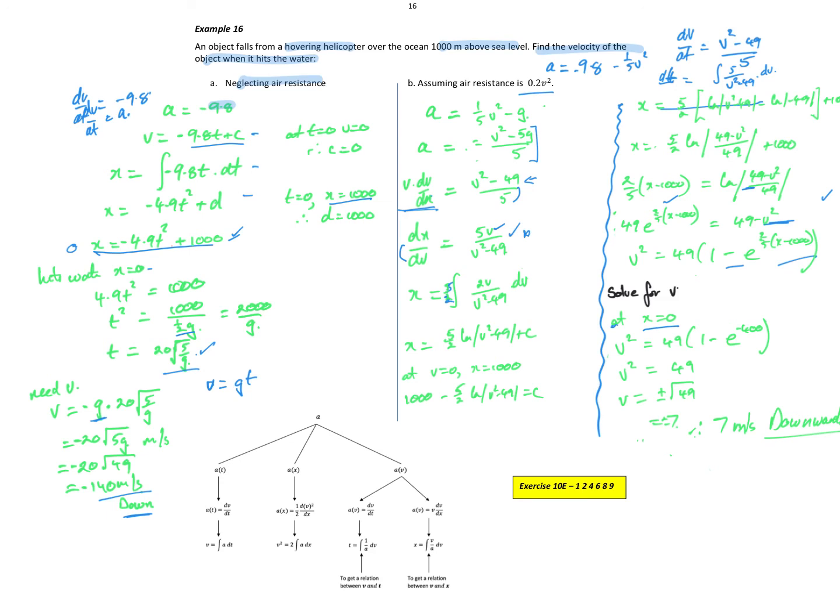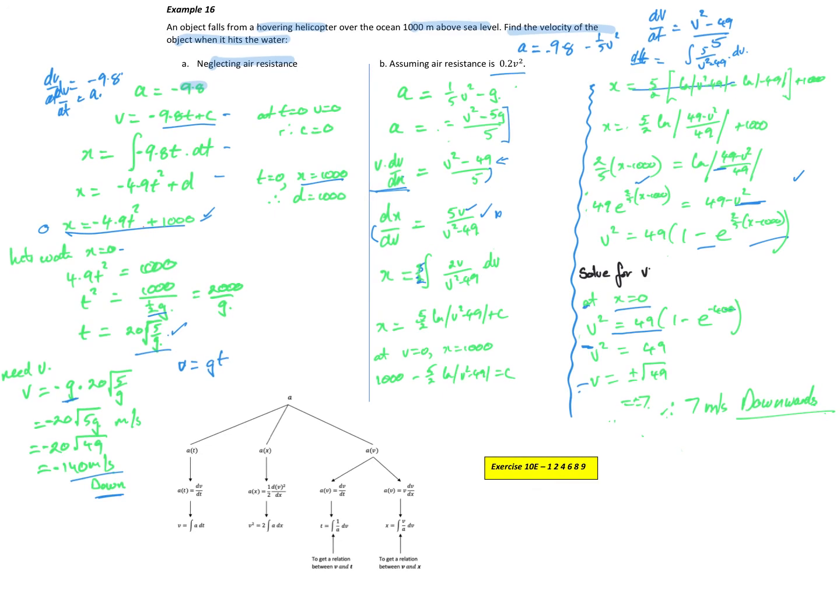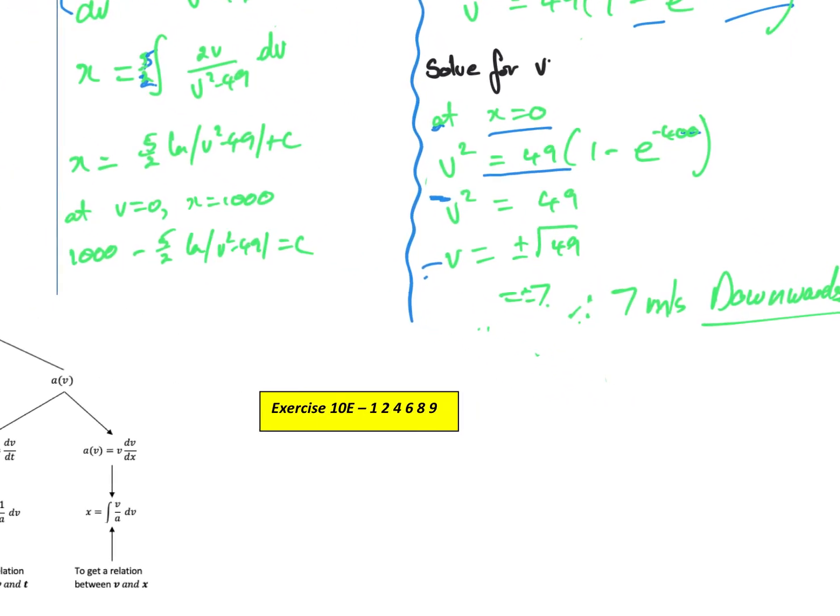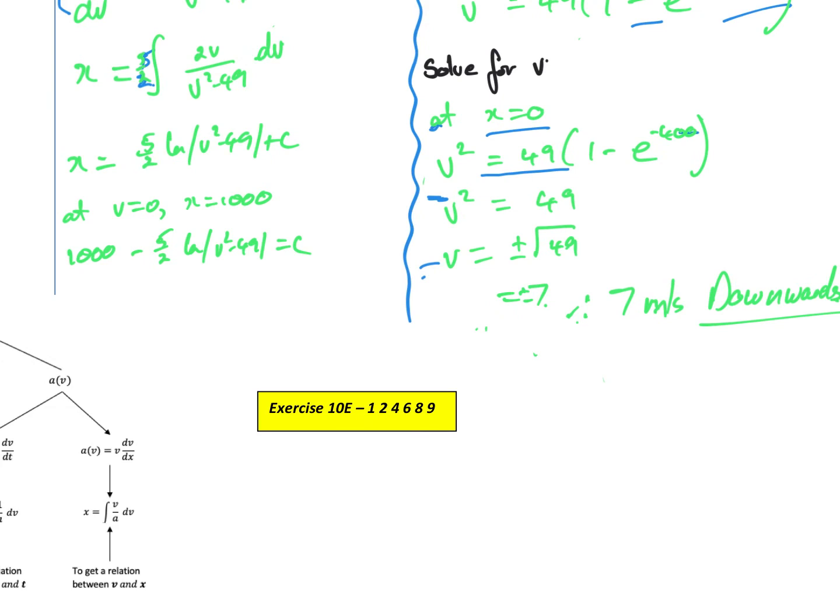Then I'm going to take everything to the power of e, so there's that expression to the power of e. Bring this 49 across to here, so I get a 49e to the x sort of thing. Bring the v squared over, take the other term back, so I get v squared equals 49 is a common factor, 1 minus e to the power of 2/5 of x minus 1,000.